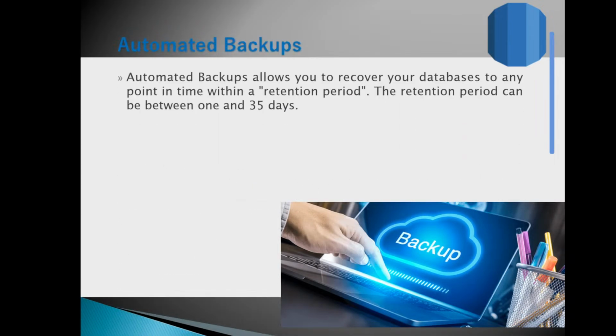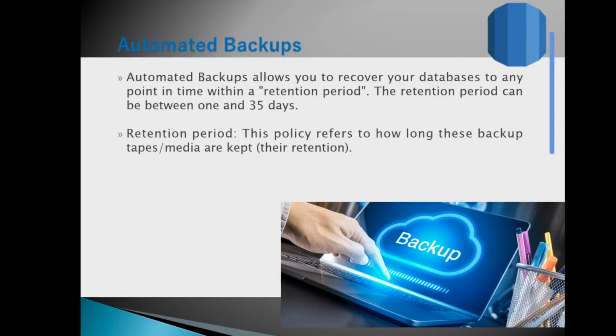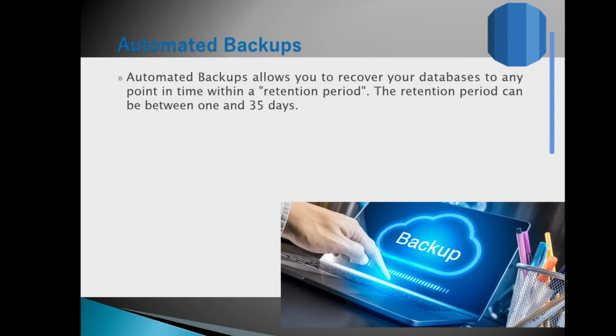First of all, the automatic backups. The automatic backups allow you to recover your database at any point in time within the retention period. So what is automatic backup in general?